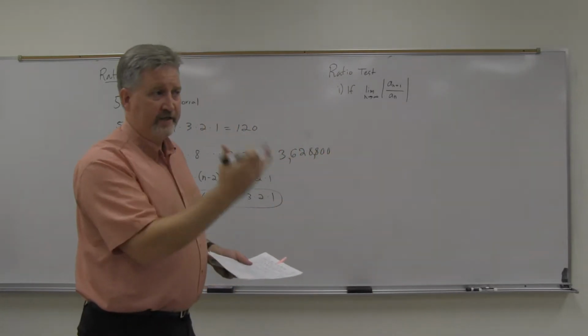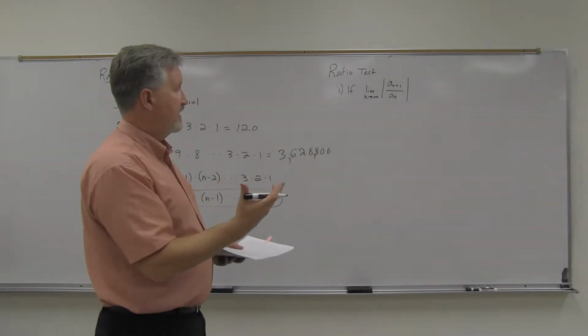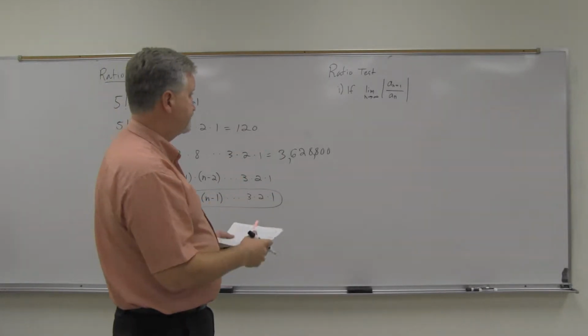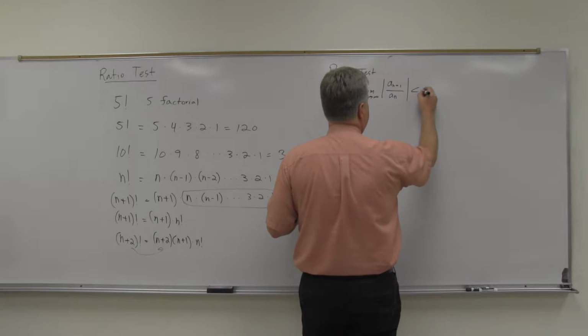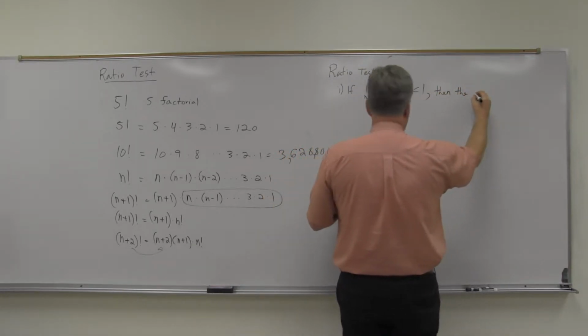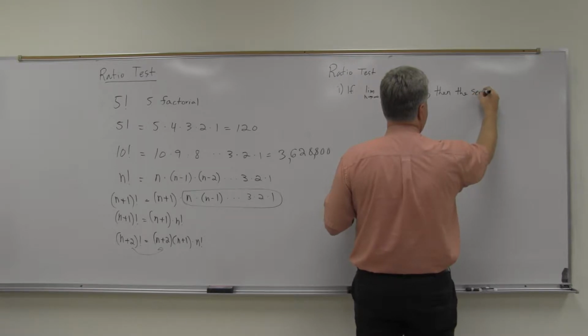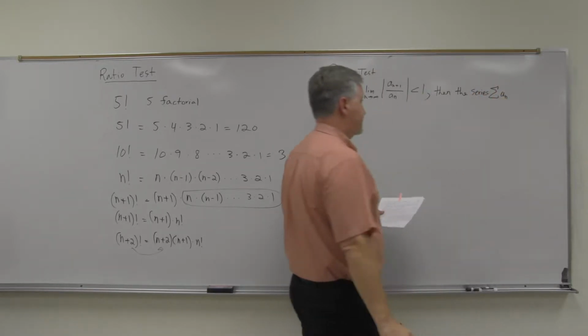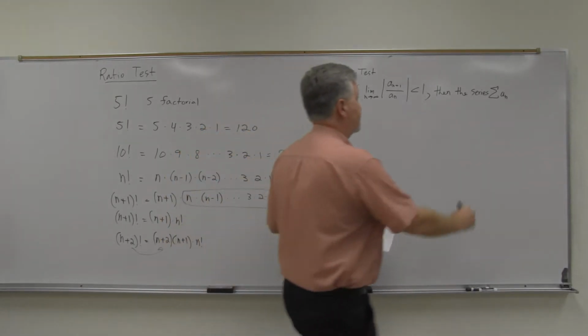So you're just looking at a limit again. The limit of the absolute values is the n plus 1 term divided by the nth term. If that's less than 1, then the series, just use the a sub n series in general, is absolutely convergent.